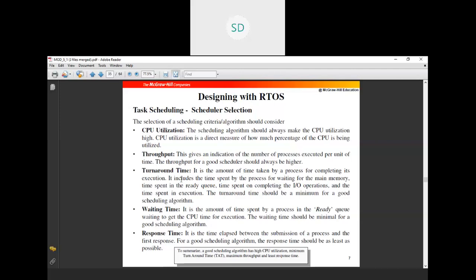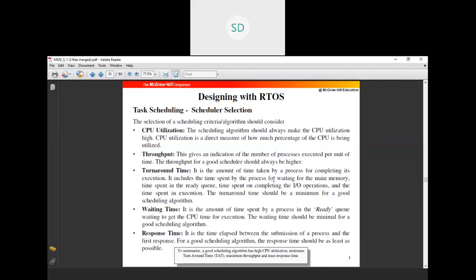What is turnaround time? It is the amount of time taken by a process to complete its execution. Whenever a process comes into the ready queue, it has to be copied to the main memory, and from there to the CPU, and all the resources have to be allotted. So it includes the time spent waiting for main memory, time spent in the ready queue, time spent on the completion of IO operations, and time spent in execution.